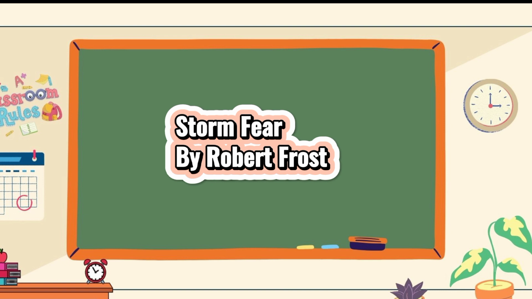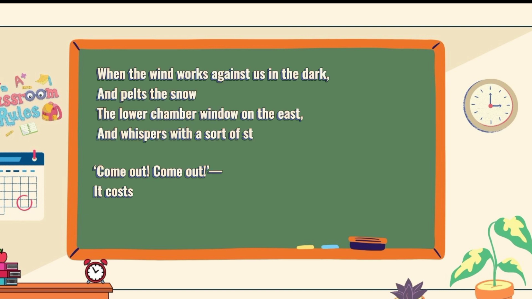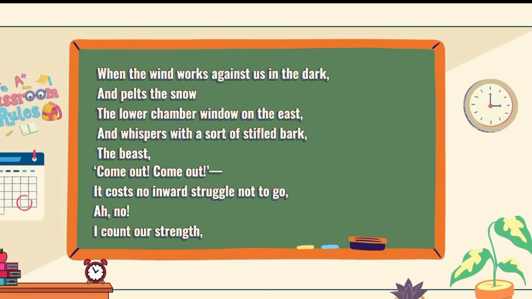Storm Fear by Robert Frost. When the wind works against us in the dark and pelts with snow the lowest chamber window on the east, and whispers with a sort of stifled bark, the beast, come out, come out. It costs no inward struggle not to go.